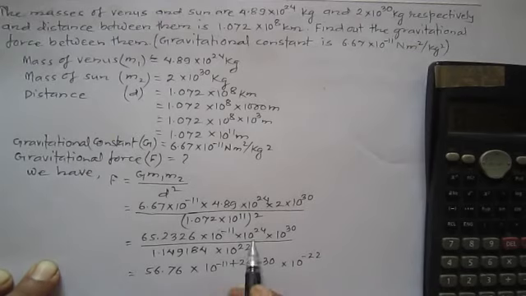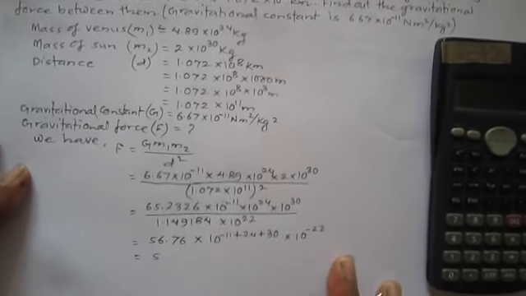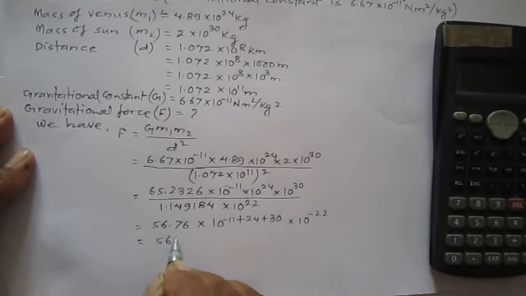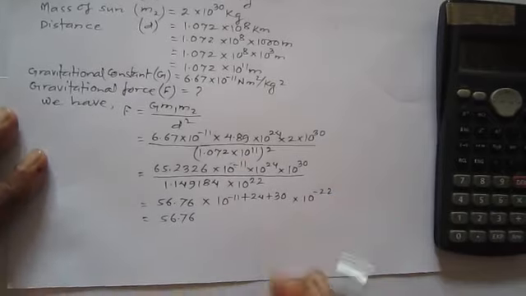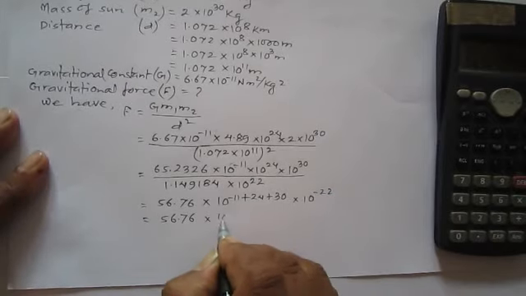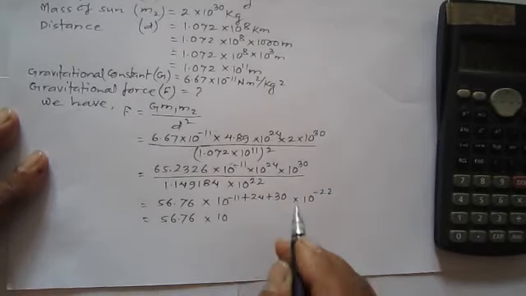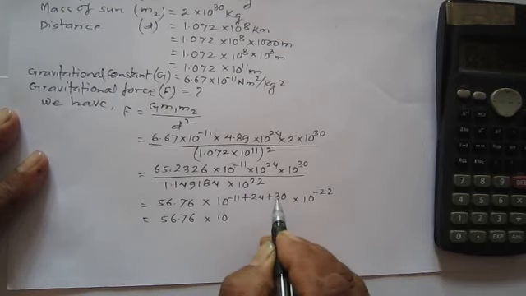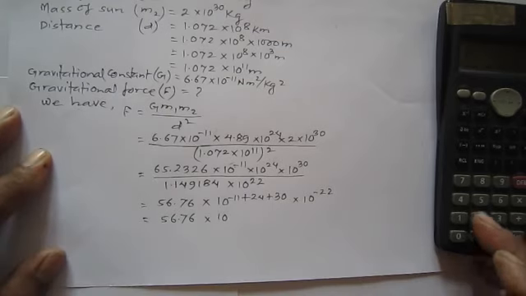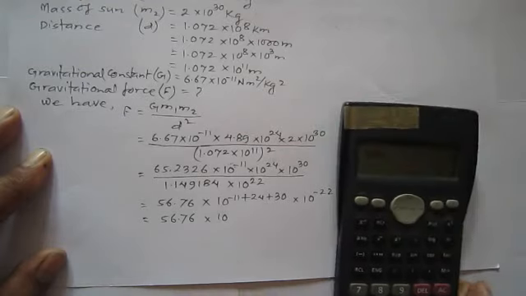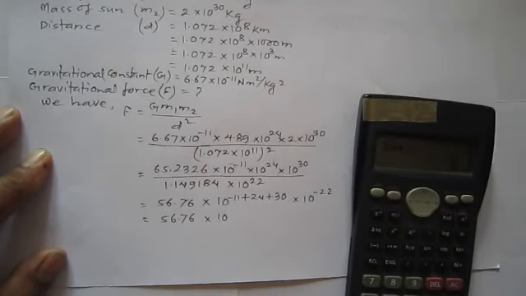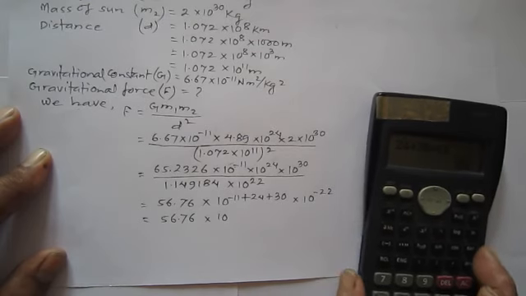These have the same base, so the powers should be added. All the numbers are now in the numerator, and this is equal to 56.76 into 10 to the power 24 plus 30 minus 11, which is equal to 43.